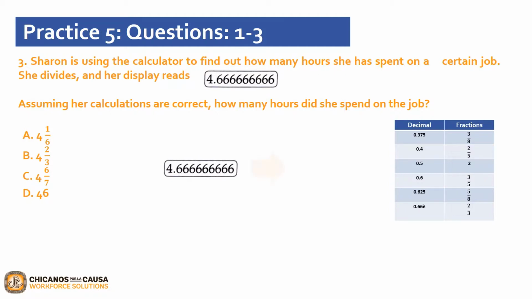Now, it's actually this easy. We can now bring back the 4 because that doesn't change. And we're going to change the 0.666 and so forth to its fraction equivalent of 2/3. Therefore, the final answer is B, 4 2/3 hours.